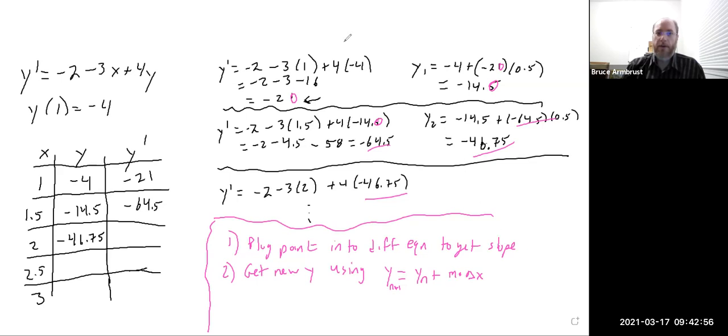So the slope that we just calculated is that m. The delta x is the step length that they tell you to use. And then the yn, that was just the previous y value, right? So that gets you your new y.